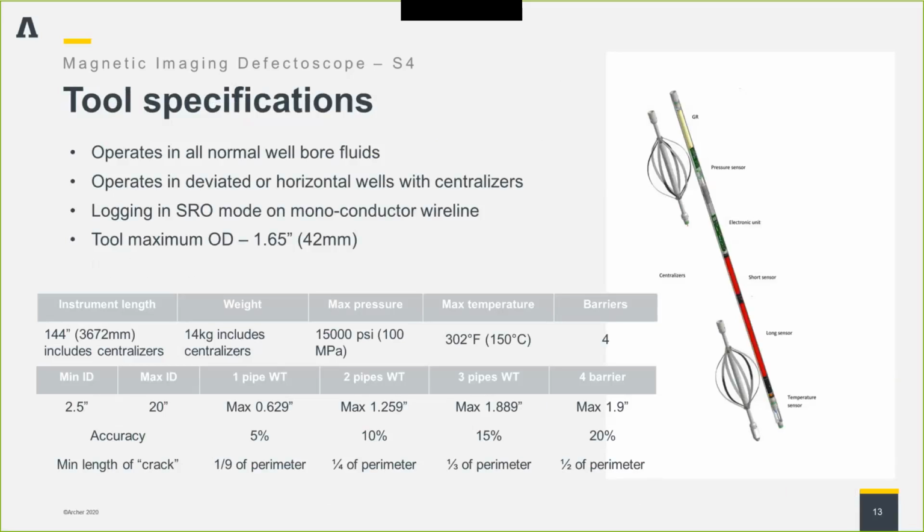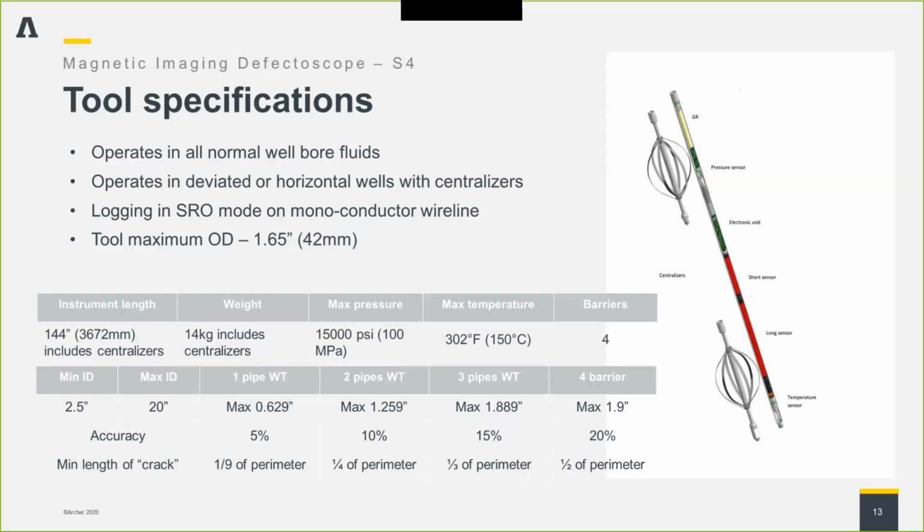So the length of crack, the accuracy is a percentage of the nominal thickness. It gets progressively slightly worse the more barriers we have. So the 4th barrier, if we're measuring that through 3 other pipes, then the accuracy is plus or minus 20%. It's 20% of the nominal thickness of that fourth barrier.